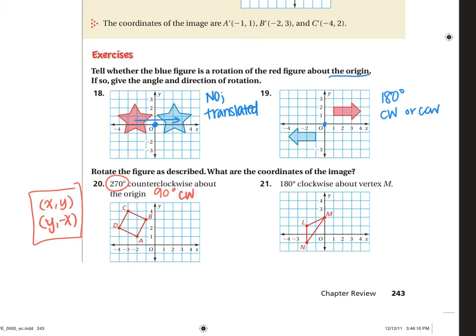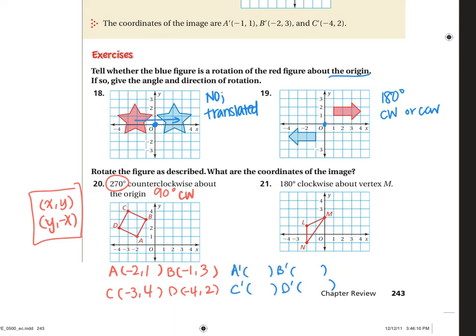So what I'm going to do is I'm going to just look at the coordinate points and then see if I can just move them. So first I'm going to find out the coordinates of A, B, C, and D. So I have the points ready, and I'm going to go ahead and change these into the 90 degrees clockwise rotation.